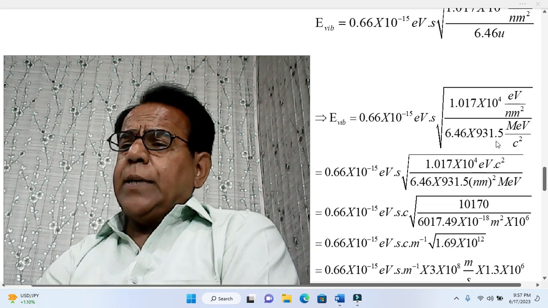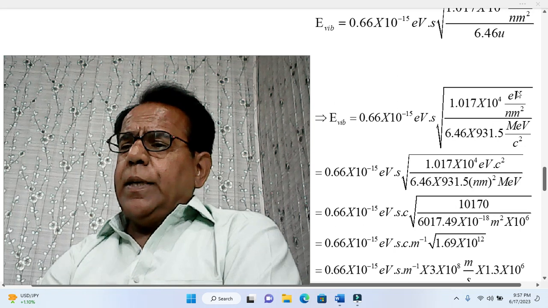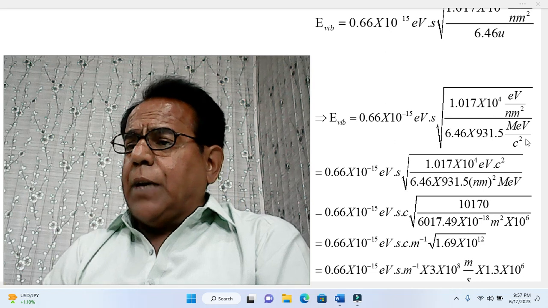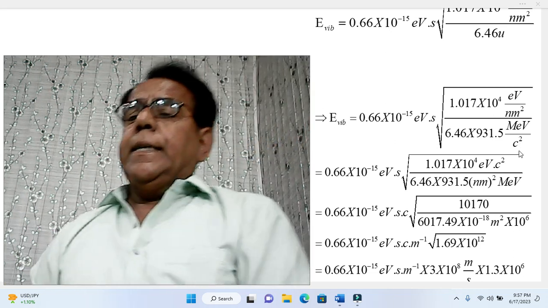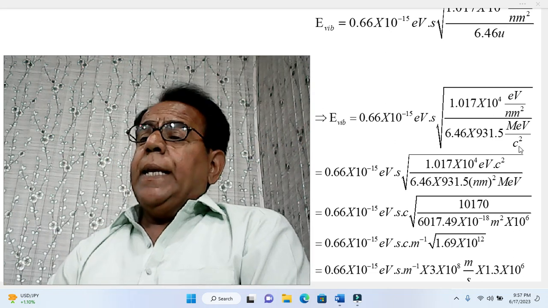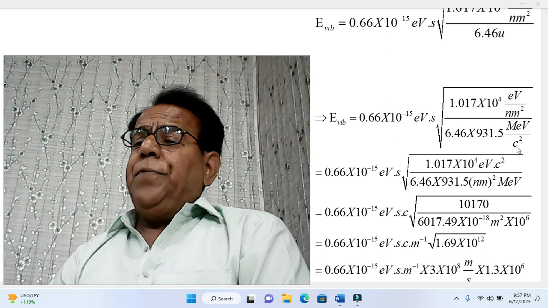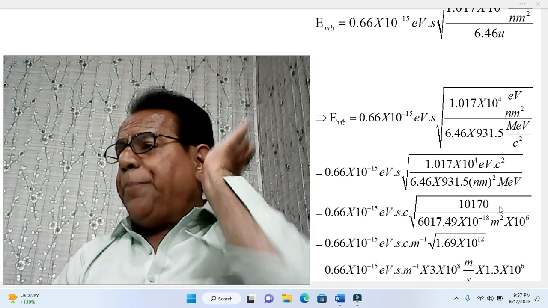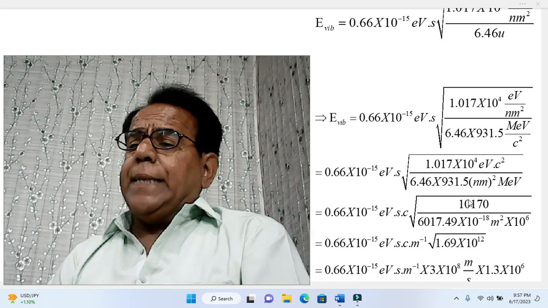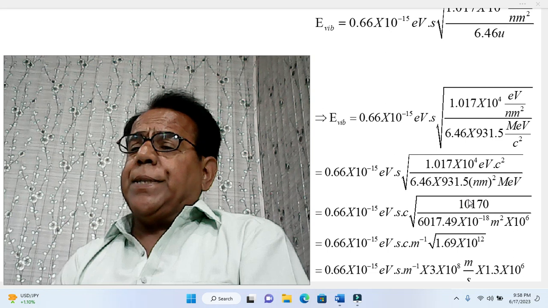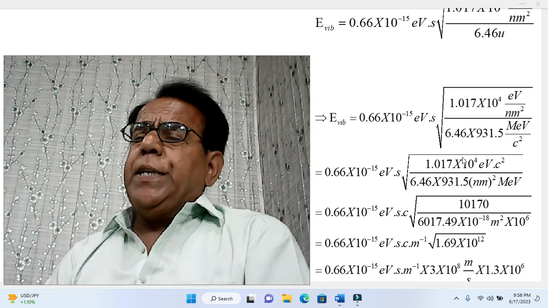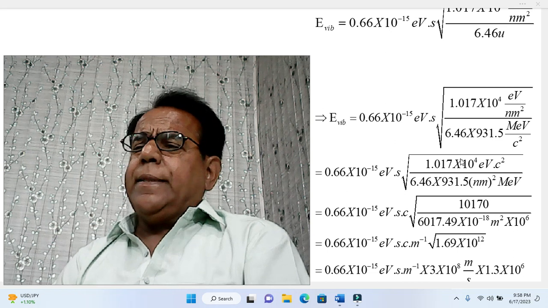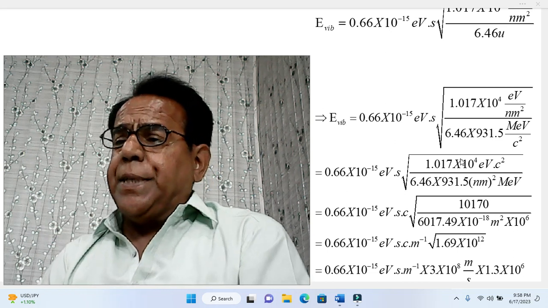Atomic mass unit u, and that value has become in terms of million electron volt over c square, where c is the speed of light. In the next step we will eliminate c, because the value of c is 2.998 into 10 to power 8 meter per second, usually written in rounded form as 3.0 into 10 to power 8 meter per second.